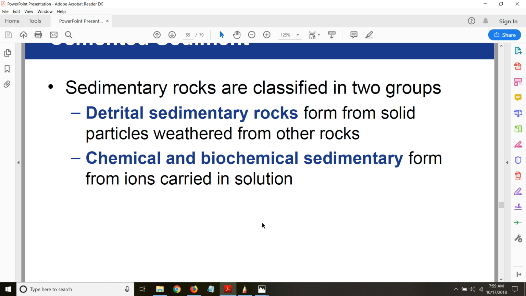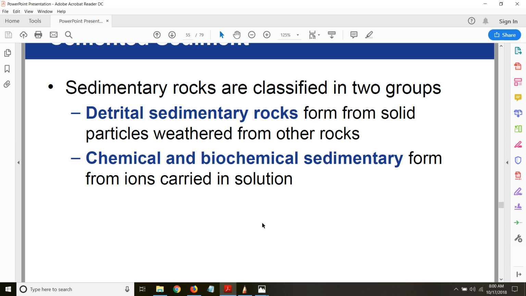Sedimentary rocks are classified in two groups. One is detrital sedimentary rocks, another one is chemical and biochemical sedimentary rocks formed from ions carried in solution. Detrital sedimentary rock is a physical process where sediments of different size combine together and lithify; they undergo compaction and cementation, and they become a sedimentary rock. On the other hand, chemical and biochemical sedimentary rocks are formed due to a series of chemical reactions.